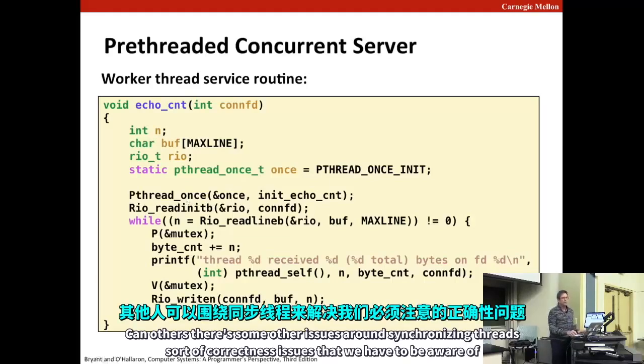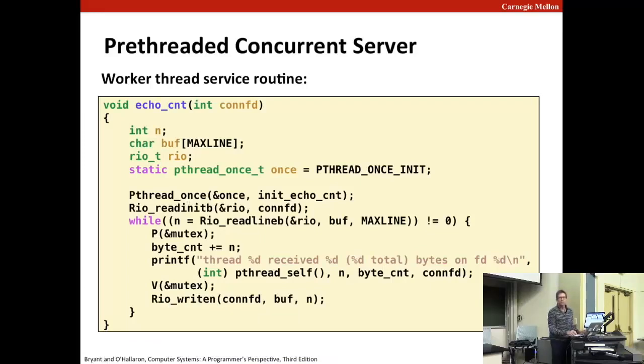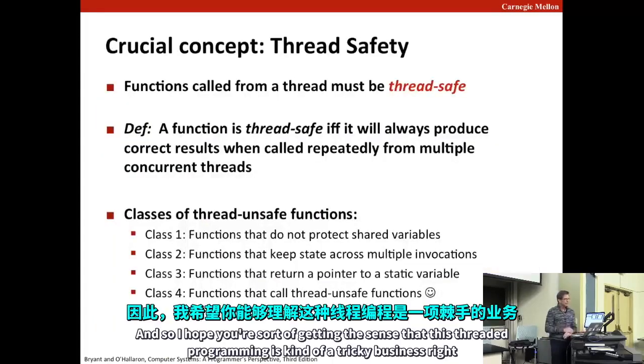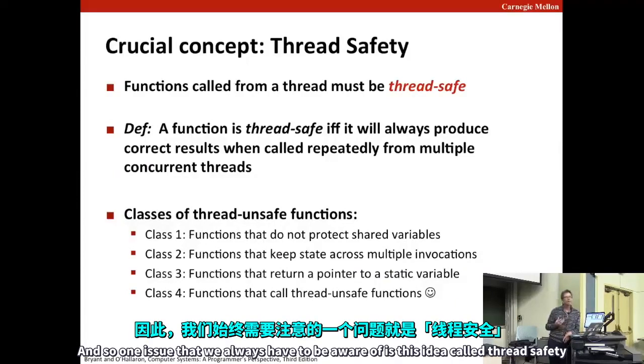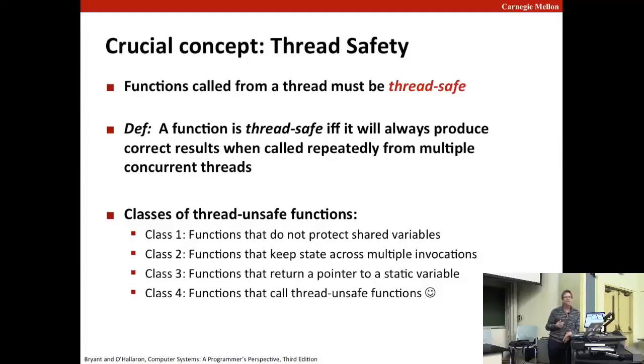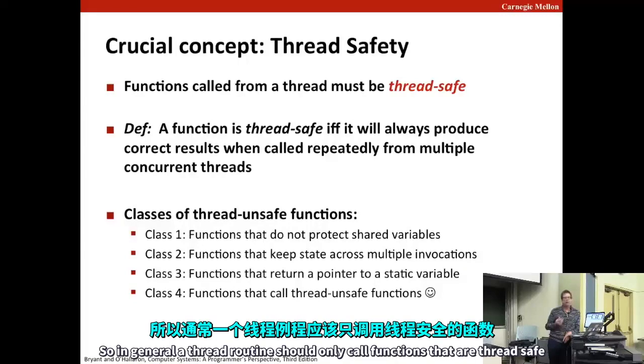Okay, now there are some other issues around synchronizing threads, correctness issues that we have to be aware of. I hope you're getting the sense that threaded programming is a tricky business, right? One issue that we always have to be aware of is thread safety. In general, a thread routine should only call functions that are thread safe.